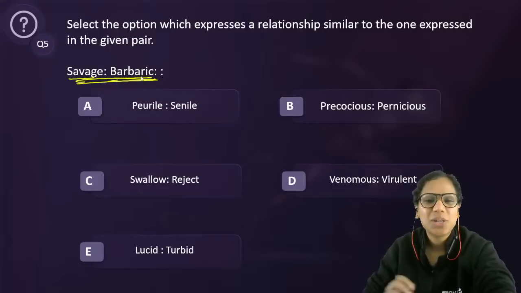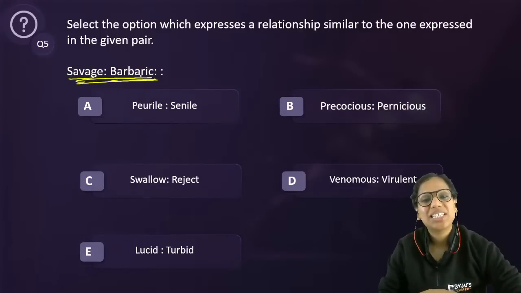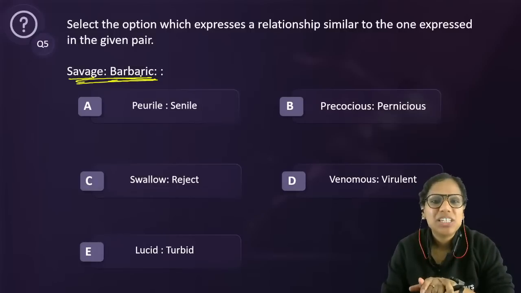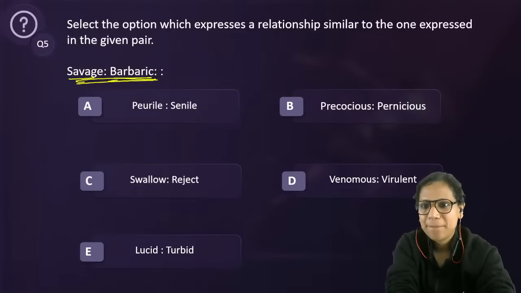Here's an analogy question, because analogy questions have come in the past in MAH CET. So tell me, give me a similar pair. Yes, correct, Divyam, correct.